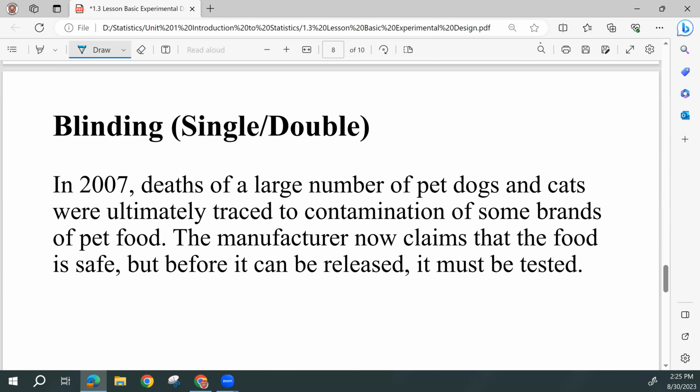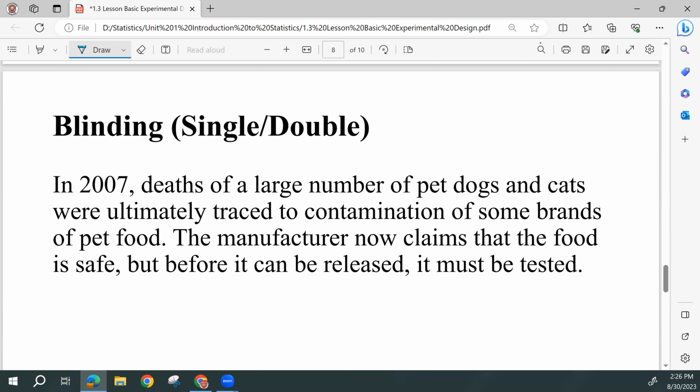Blinding is also helpful to conduct a reliable experiment. We have single or double blind types of experiments. We have three groups. We have the group of subjects who are participating in the experiment. We have the group of individuals, sometimes doctors, maybe veterinarians in this case, who are administering the treatments.